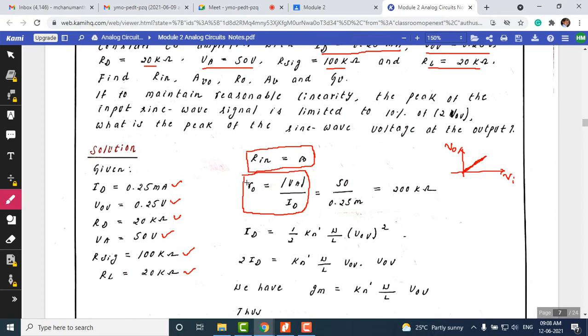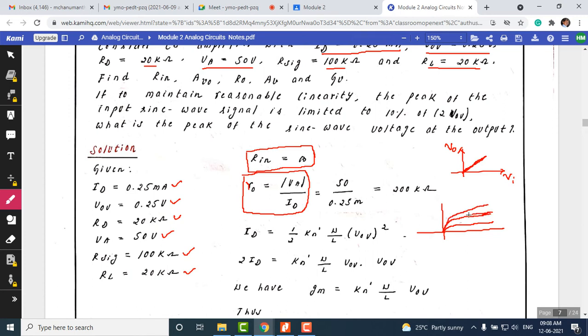R naught is nothing but the MOSFET output resistance due to the channel length modulation effect, and it is modulus of VA by ID, because VA is going to be negative. If you remember in our classes, the early effect we highlighted when we plot the characteristics of a MOSFET, something like this, with a reasonable value of slope.